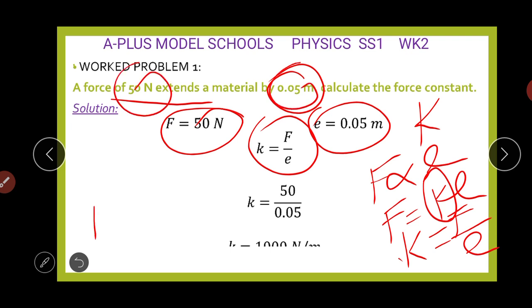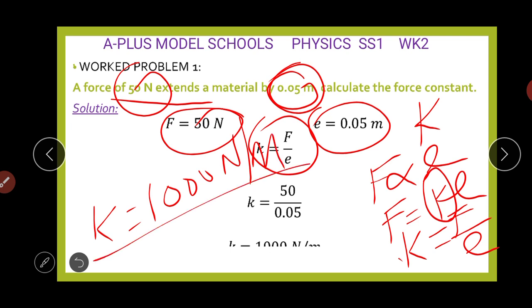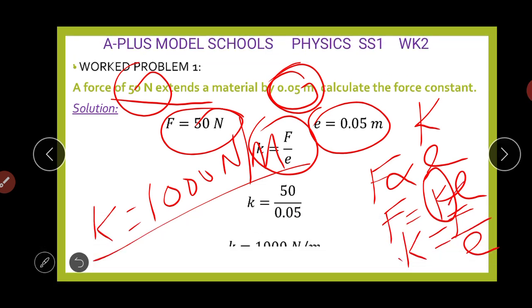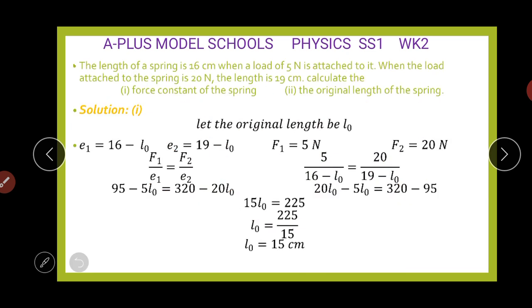So our K becomes 1000. I forgot to tell you that the unit of the constant K here is Newton per meter. Don't forget it is force over extension, and force is in Newton, extension is in meter. So the unit of the constant K is Newton per meter.